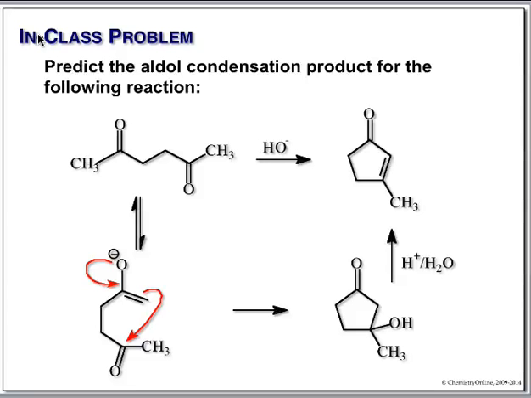So you get 1,000,000 to 1 preference for the entropy-driven reaction, also called the proximity effect. Again, this is another way that enzymes catalyze reactions. They take the appropriate groups, put them in the right spot, boom, you get reaction.